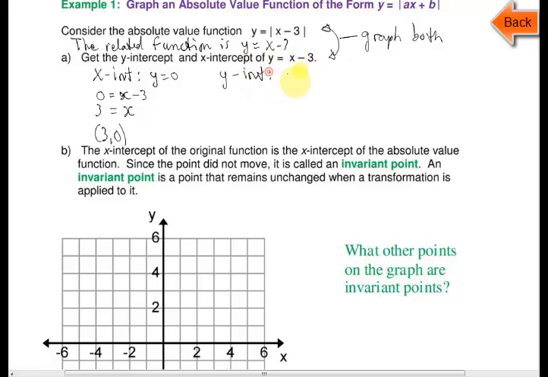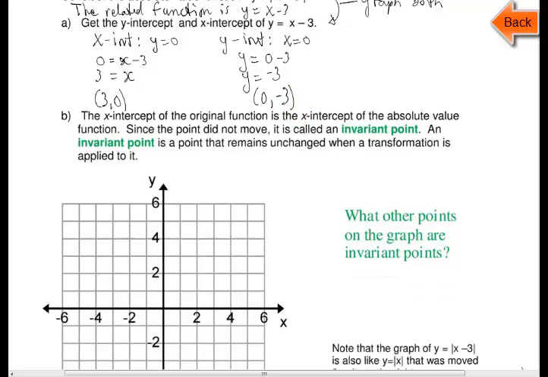Y-intercept happens when x is equal to 0, so substitute in 0 for x, solve for y, and you get that y is equal to negative 3, so our y-intercept is at 0 and negative 3.